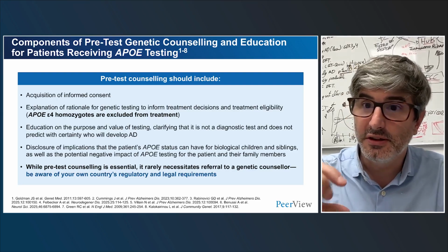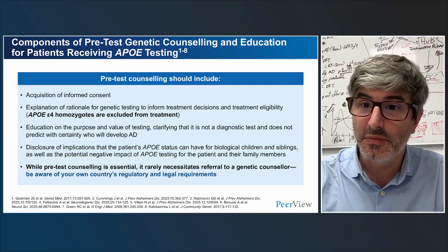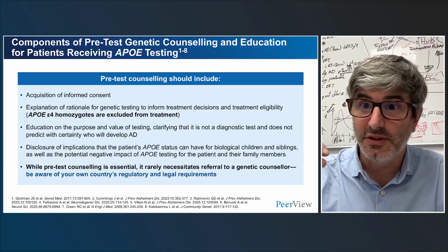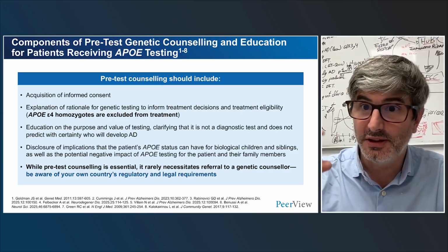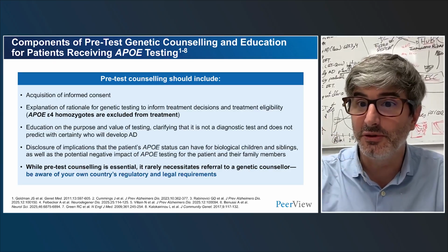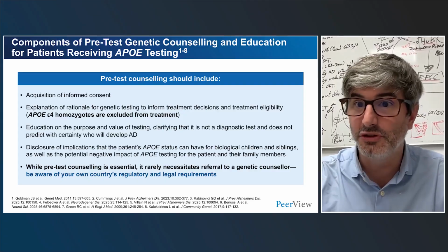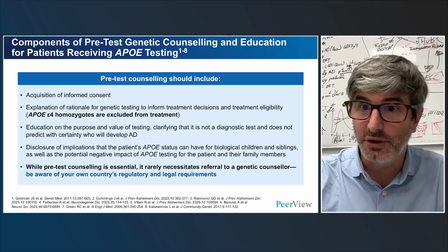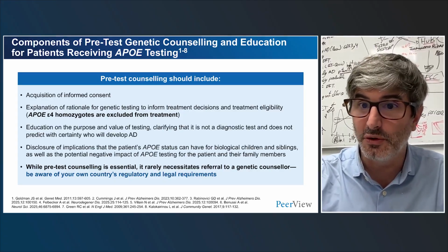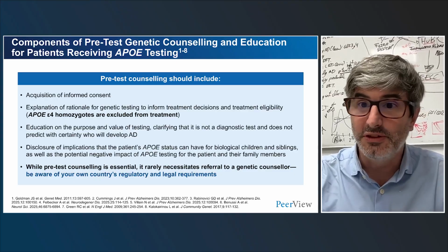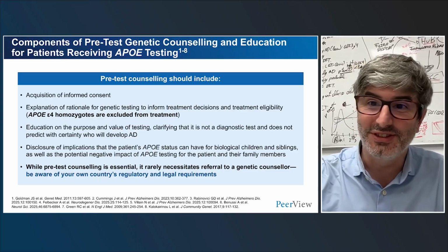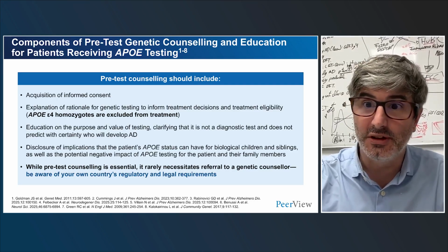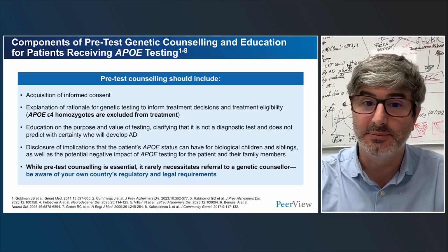We are in a transition period, and we should make sure that we review the information we refer our patients to, because the whole APOE testing has completely changed with the advent of these anti-amyloid therapies. We have to make sure that the information is up to date, because otherwise we can cause a very important confusion for our patients. So please check the web pages and the Alzheimer's Association in your local environment to make sure that it is completely up to date.